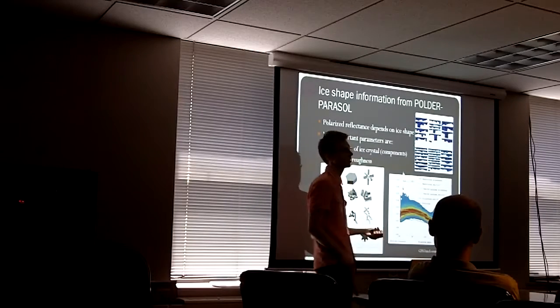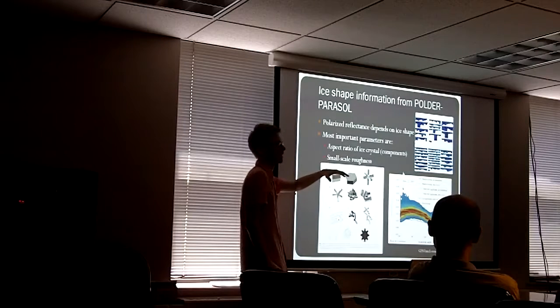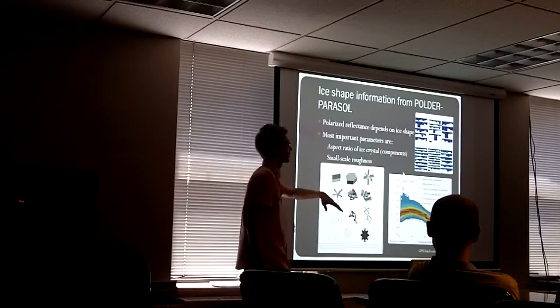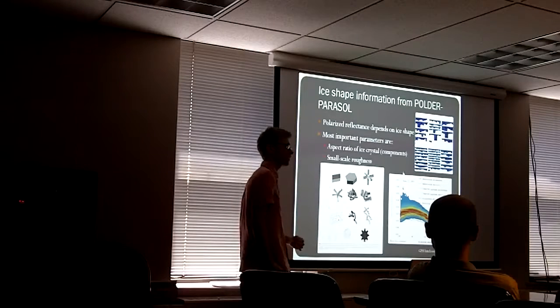Even if it's oriented in one way, it still has a lot of different angles to it. If you have plates, then orientation is very important. In a study done with POLDER, when they estimated oriented crystals, less than 1% of the crystals were oriented.